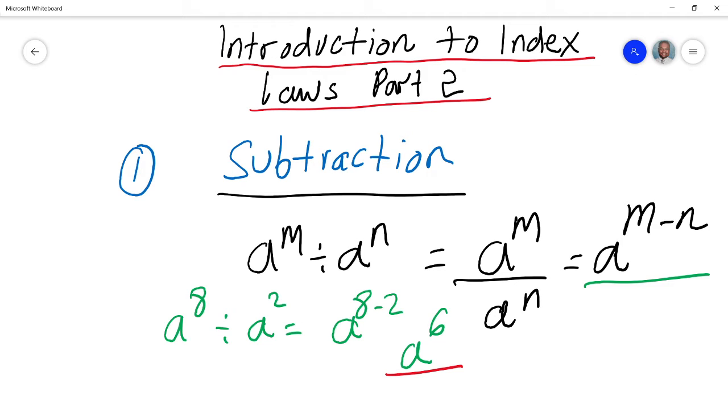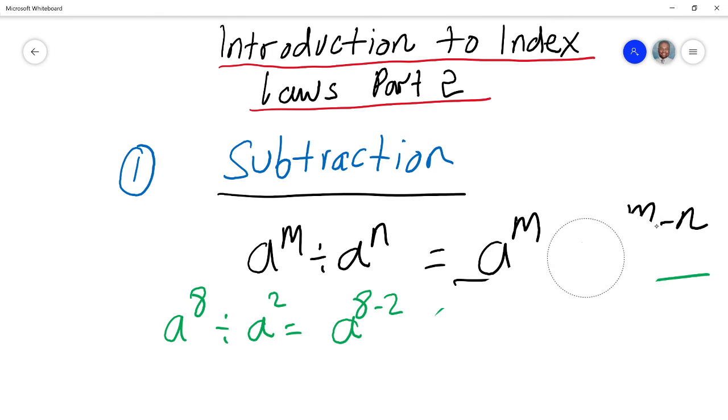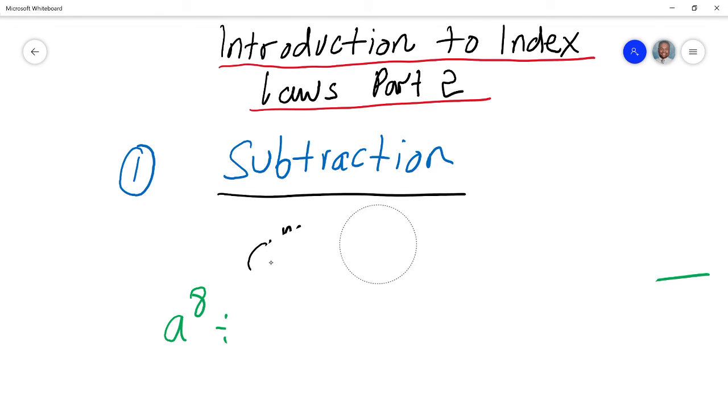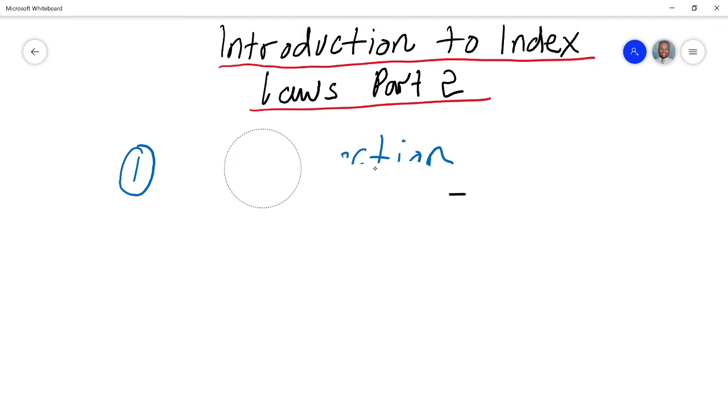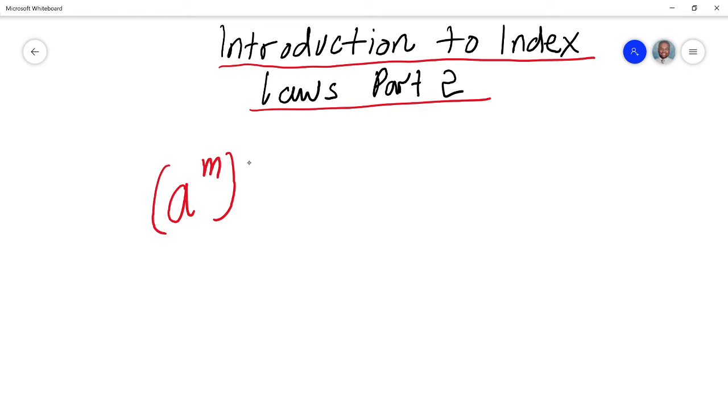Now let's look at two other important laws, and then we look at some worked examples. Let's look at a situation where you've got a power and it's in brackets. Let me illustrate what I just said. Suppose you've got a to the power m, in brackets, and the whole thing to the power n. How do we interpret this?